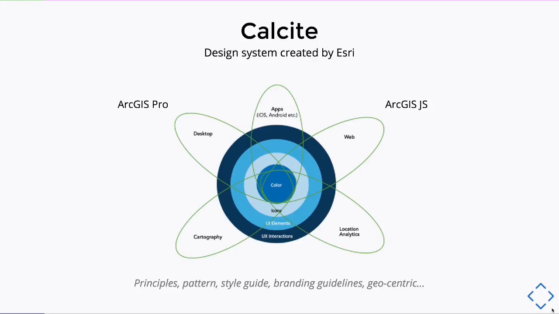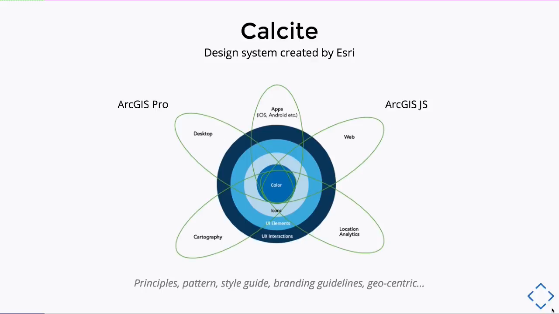At the core of Calcite, when the project first started, the key to the project was defining color. And then what sort of icons and symbology were we going to use to define the buttons and the interfaces for all of the products. All the things you see here, ArcGIS Pro as an example, has a whole new ribbon, of course, with new buttons and so forth on it.